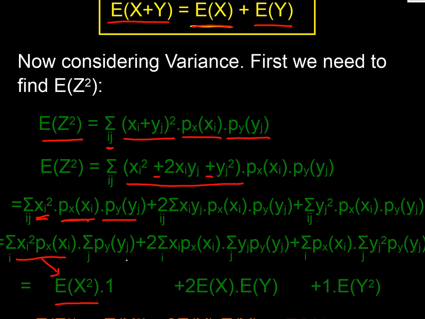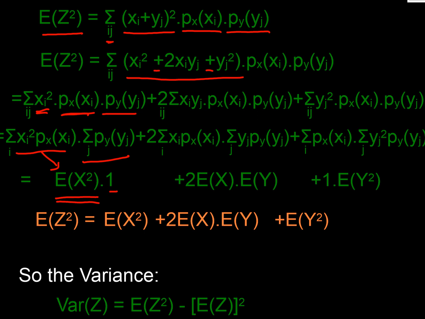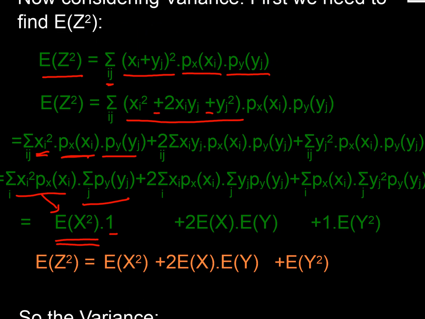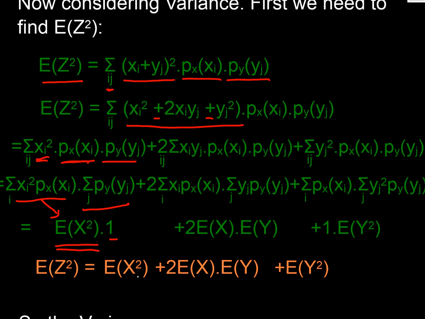And in the second part, we've got our probability of yj all summed up, and we know that all of those summed together equal 1. So there's our first term, expected x squared times 1, that's expected x squared, isn't it? Now I'm just going to move it up slightly so that we can see that. There's our first term.